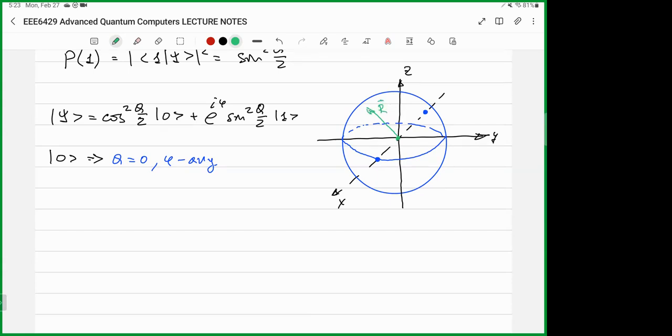It's denoted by R capital, and I count theta from this axis z. So this is my theta. This is theta, and phi is counted from the axis x. So this is phi. And the positive angle, like positive rotation in this space, is the clockwise rotation.